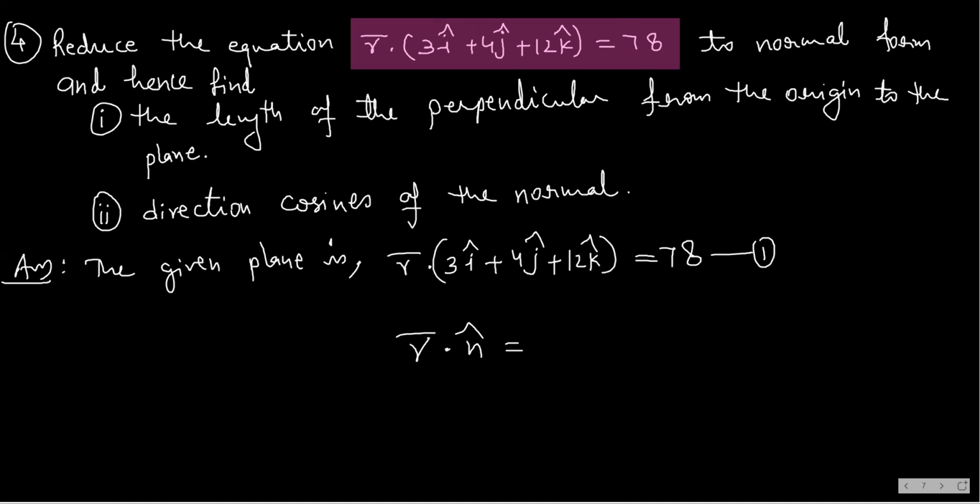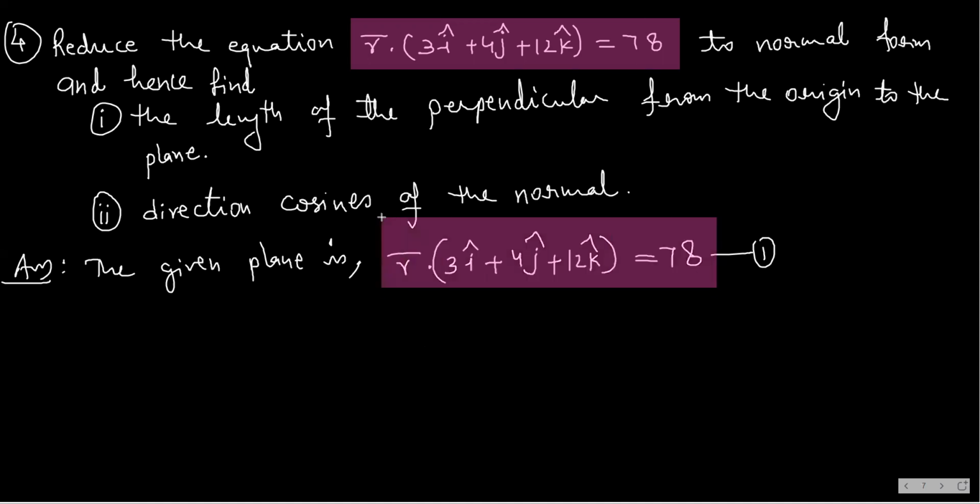Now see, for that, we all know that in such an equation of a plane, the coefficients of i, j, and k are the DRs of the normal.